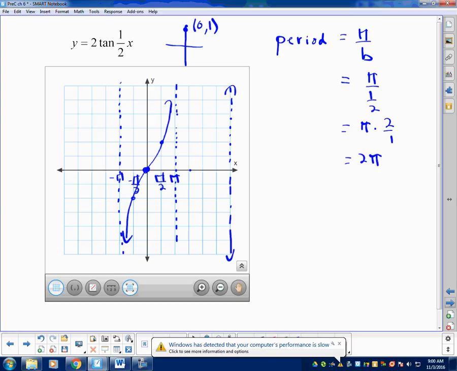So that would be pi, this would be 3 pi over 2, this would be 2 pi, and then this would be 5 pi over 2, and this would be 3 pi. So if I were to do another cycle here, I would place this right here, and right here, another one. And there's 2 cycles, which is what I'm going to ask you to do.